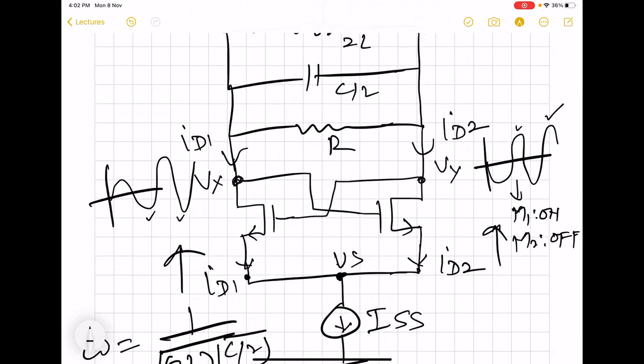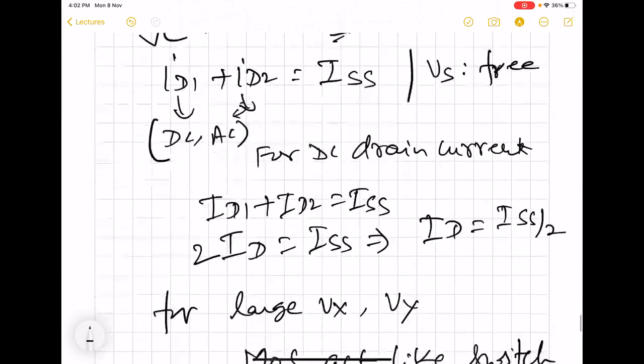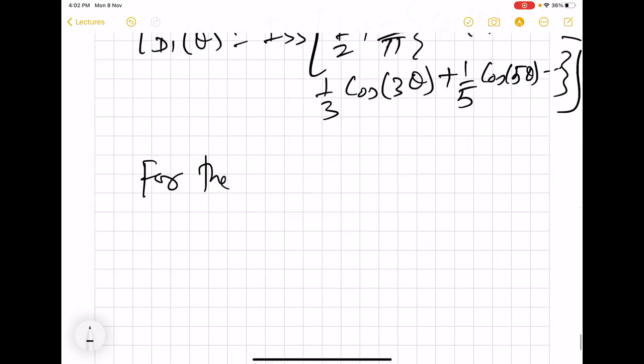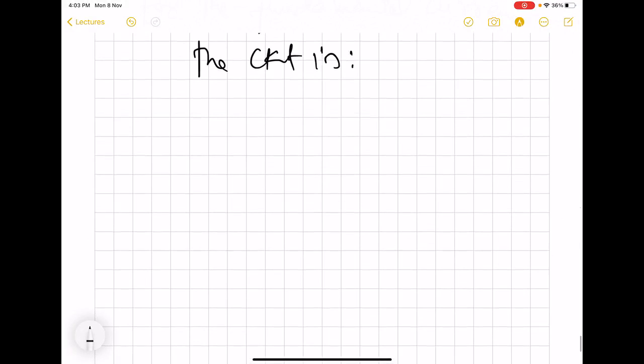Now what happens here is that for the fundamental current, this path is going to be open. So for the fundamental, the equivalent circuit is going to be like this.